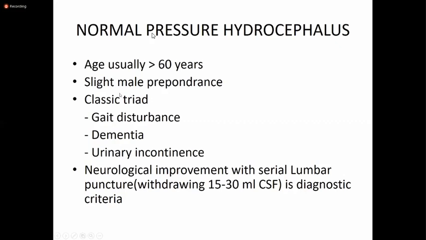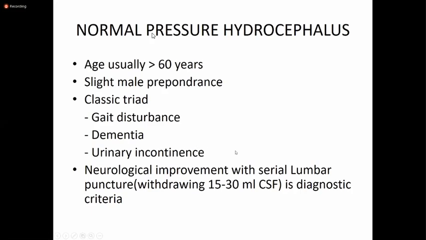If these three findings are there in this age group with dilated ventricles, you will label it as normal pressure hydrocephalus: gait disturbance, dementia, and urinary incontinence.